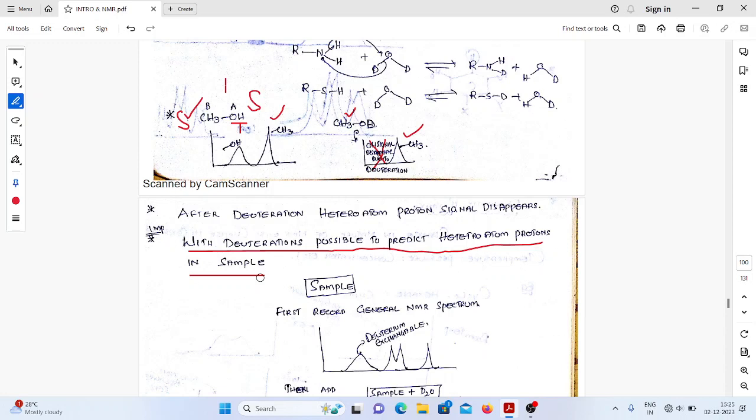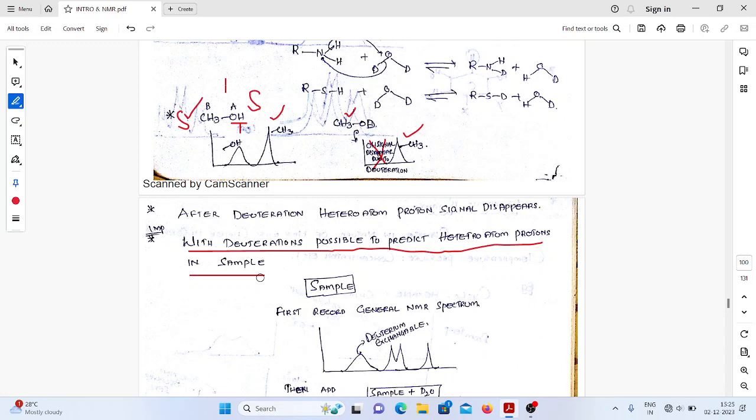What should we do? Initially, we will take the proton NMR spectra of the unknown compound. So, keep it with you. Then what do you need to do? Add some heavy water to that. To the unknown sample, add the heavy water and do the deuteration. Then take the spectra.